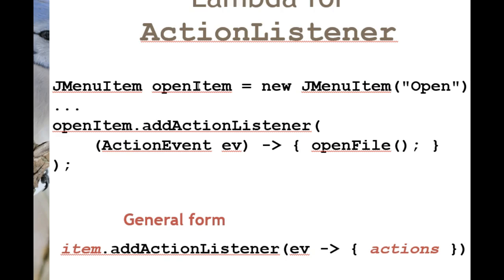When a menu item is selected, the associated listener will receive an ActionEvent object with which it does nothing. The body of the listener calls the openFile method defined in the enclosing ImageViewer class.